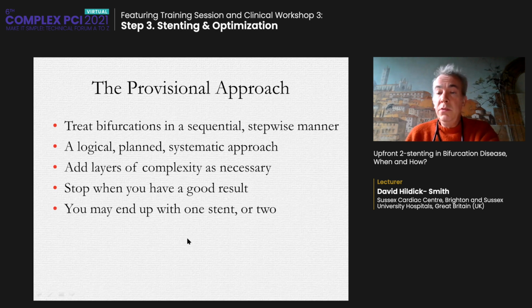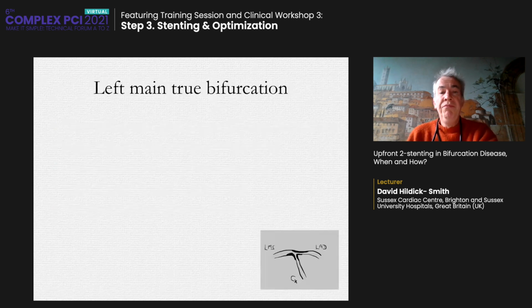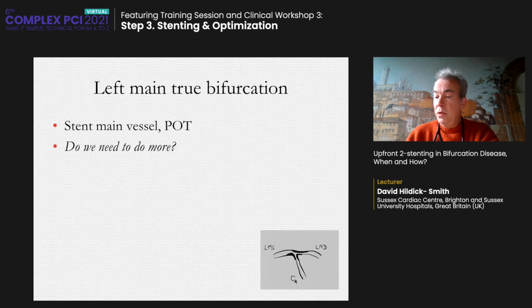If you do end up with two stents, this is not a crossover or a bailout, as people like to say sometimes. It's the end result of a systematically planned provisional approach, which ends with two stents. So, for example, with the left main stem true bifurcation, you would stent the main vessel, then do proximal optimization, and then you'd ask yourselves, do we need to do anything more?